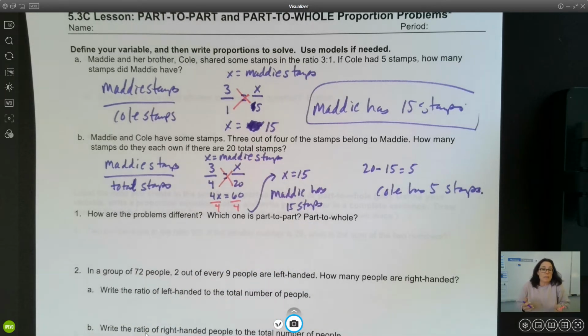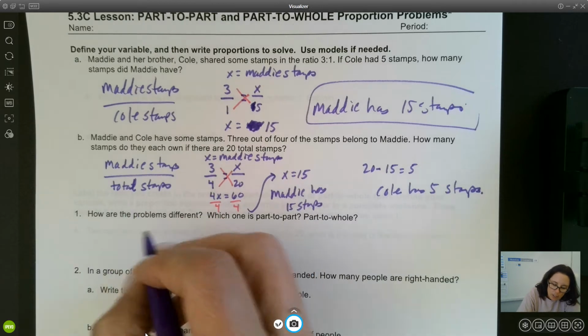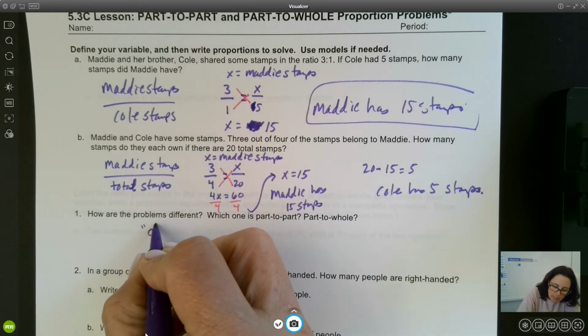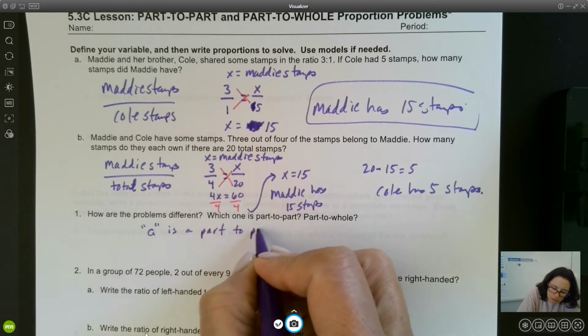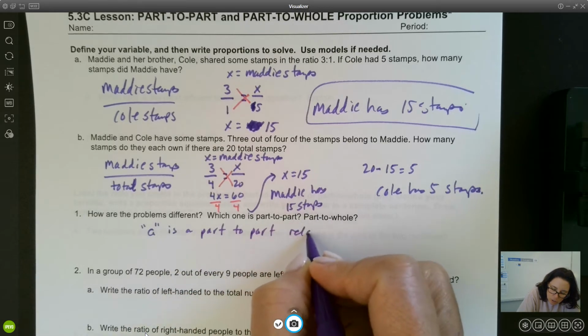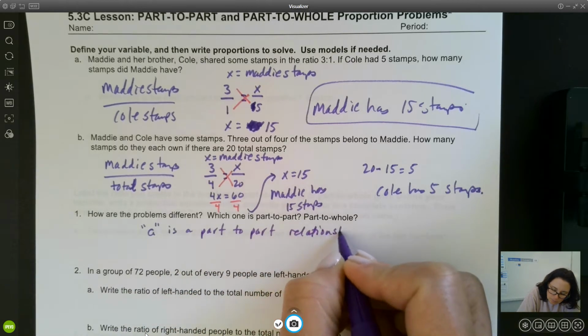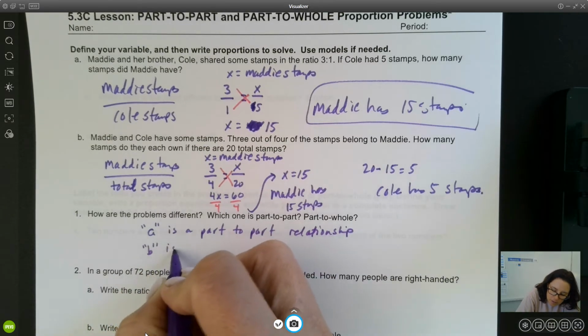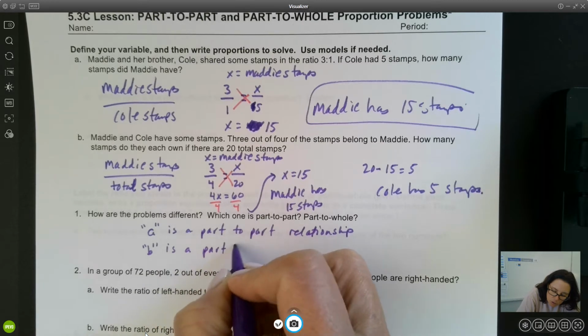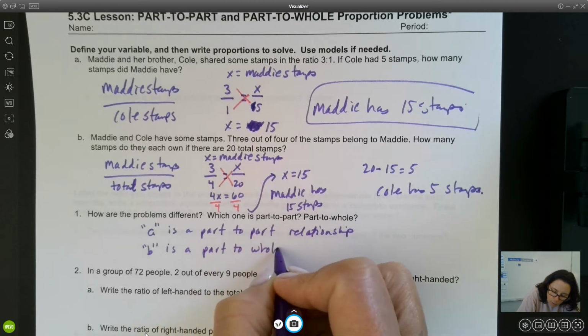There are many ways. How are the problems different? Which one is part to part? Which one is part to whole? It's very important to understand part A is a part to part relationship, and B above is a part to whole relationship.